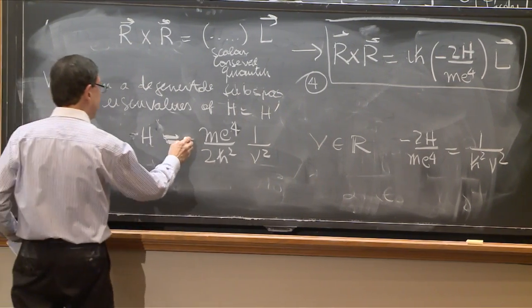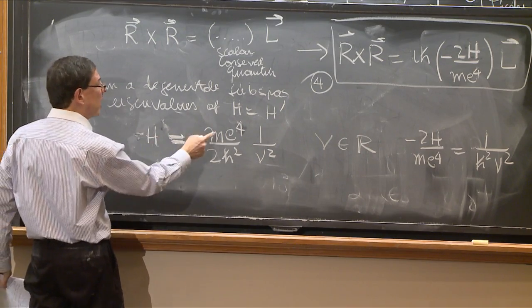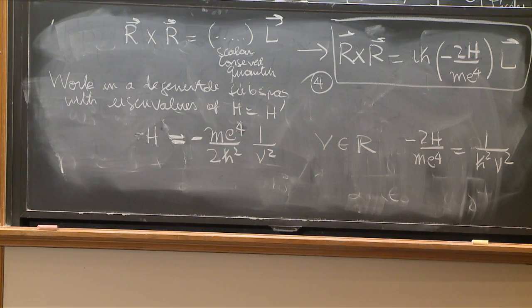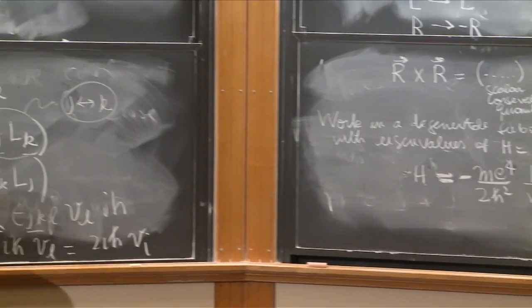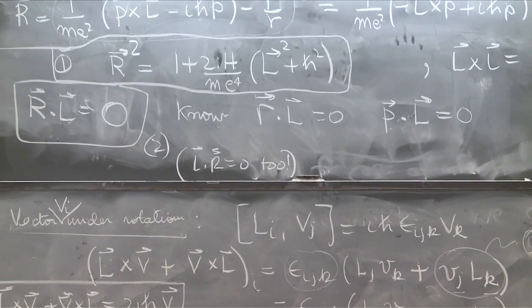I have a minus here, I'm sorry. Minus 2h over me to the fourth is h squared nu squared. So we can substitute that in our nice formulas, the h me to the fourth.